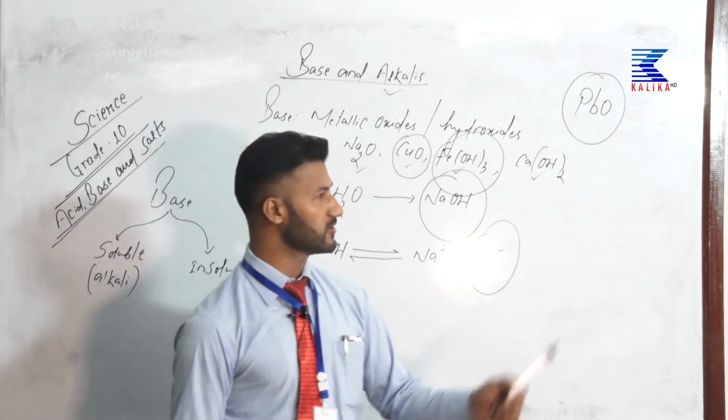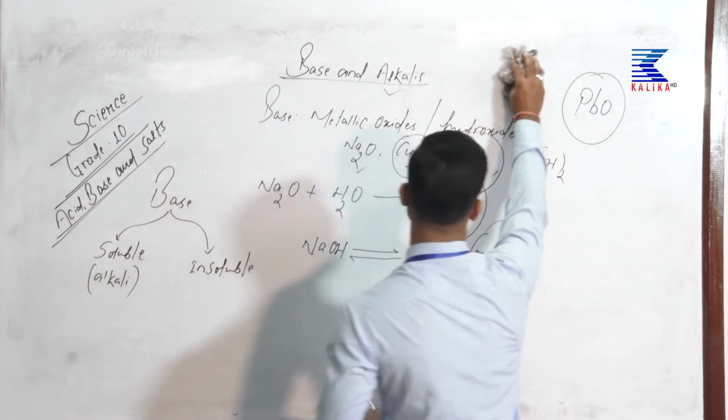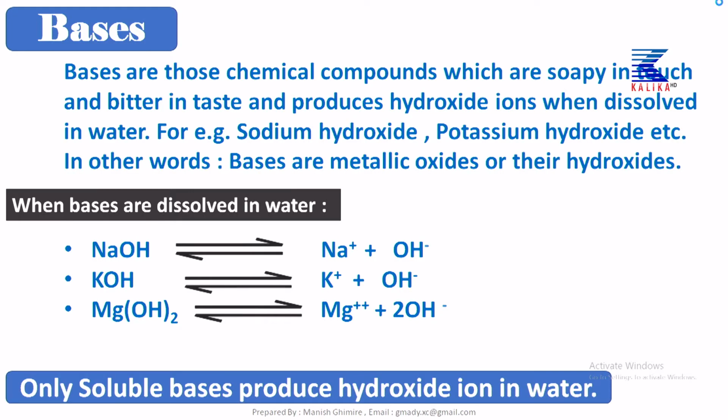So, just have a look on the screen. There is the definition written of what bases are and what happens when soluble bases are dissolved in water. Bases are those chemical compounds which are soapy to touch, means slippery, and bitter in taste, and produce hydroxide ions when dissolved in water.